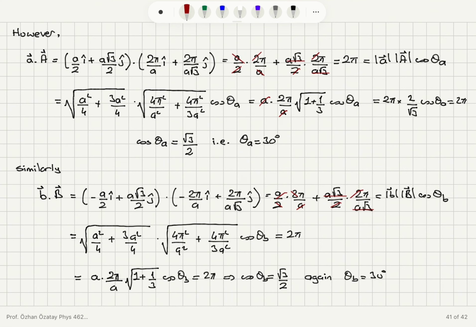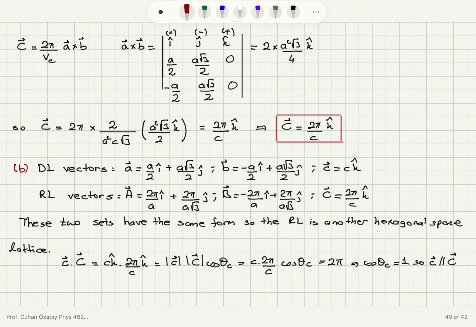So these two answers, theta A 30, theta B 30 degrees, but theta C is, C vector is parallel to capital C, theta C is 0, cosine 0 is 1, theta C is 0 degrees.